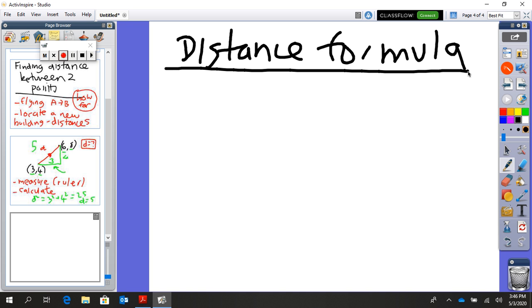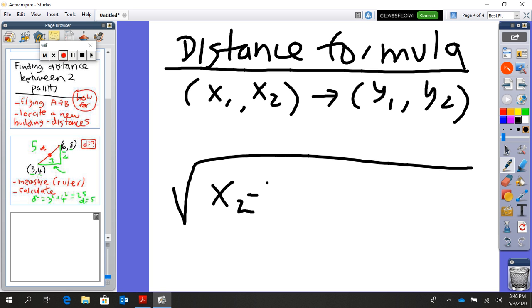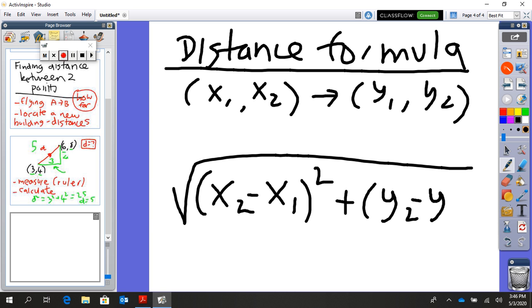And basically the distance from 2 points, x1, y1 to x2, y2 is going to be the square root of x2 minus x1 squared plus y2 minus y1 squared.